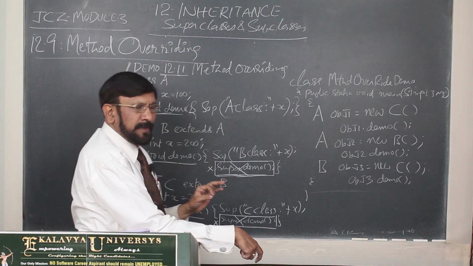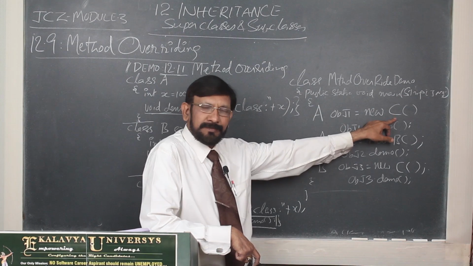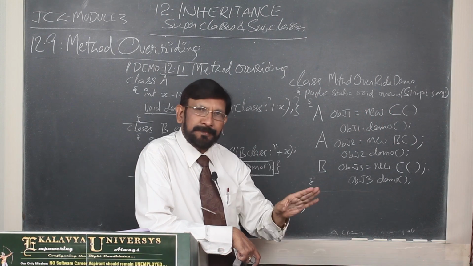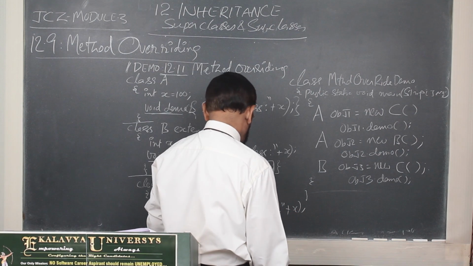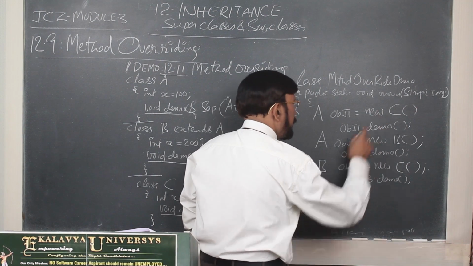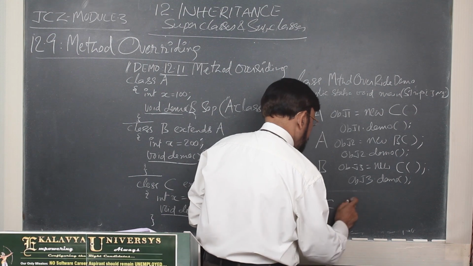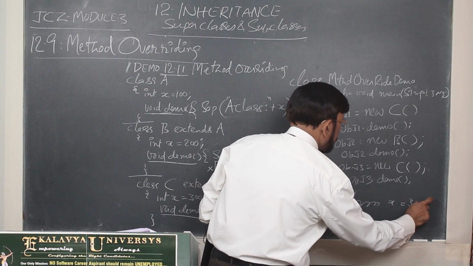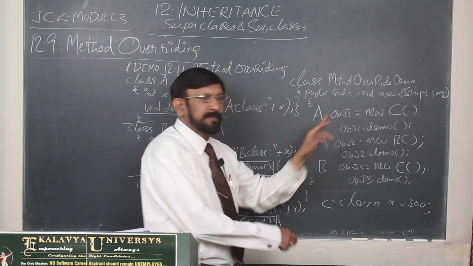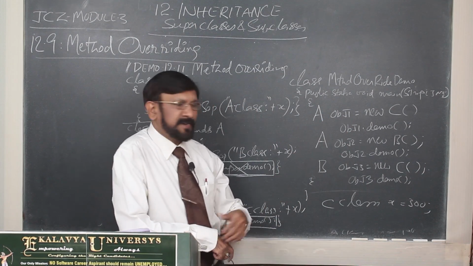Then you must remember that always it is the object's type, not the reference type. As a result of that, what is printed? C class X 300, that you remember. Come to the next.